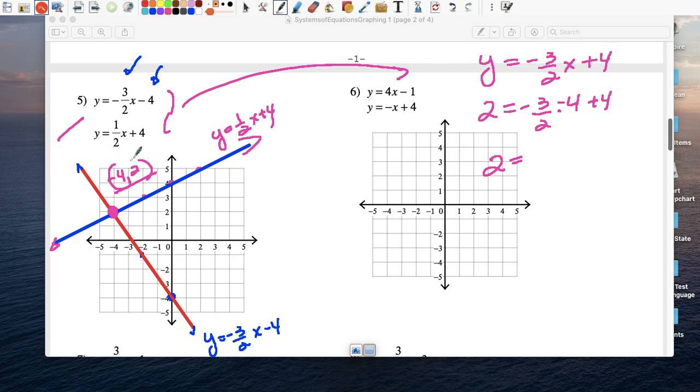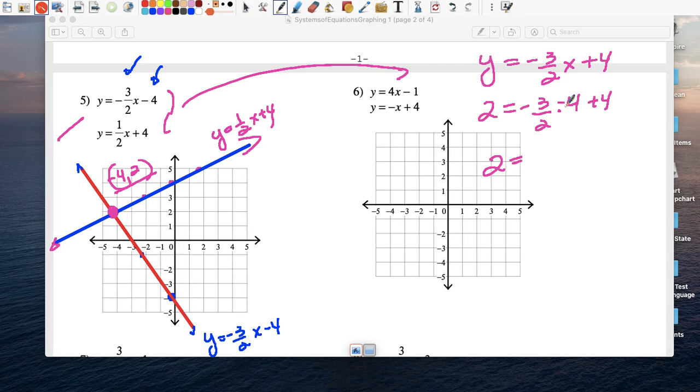No, that's correct. And the second one is a positive 4. So 1 up to the right. Okay, so far so good. So the point is negative 4, 2. Why is this not working? Something is off. Hang on a second.